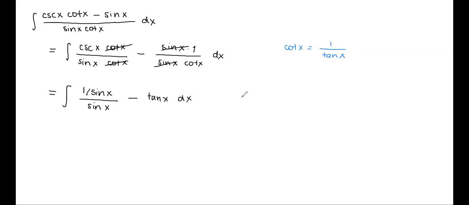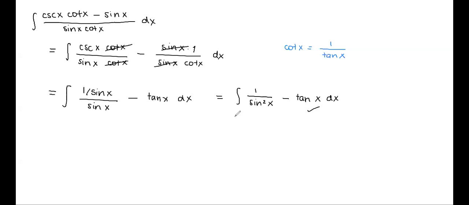And then if I rewrite 1 over sine, again over sine of x, this is going to be the integral of 1 over sine squared of x, since I have 2 factors of that, minus tangent of x with respect to x.